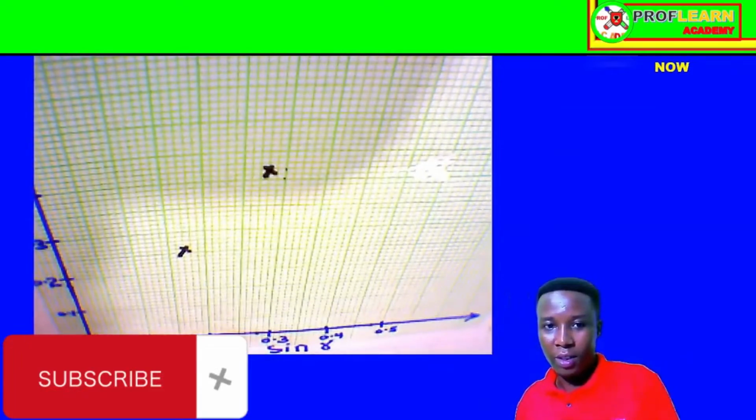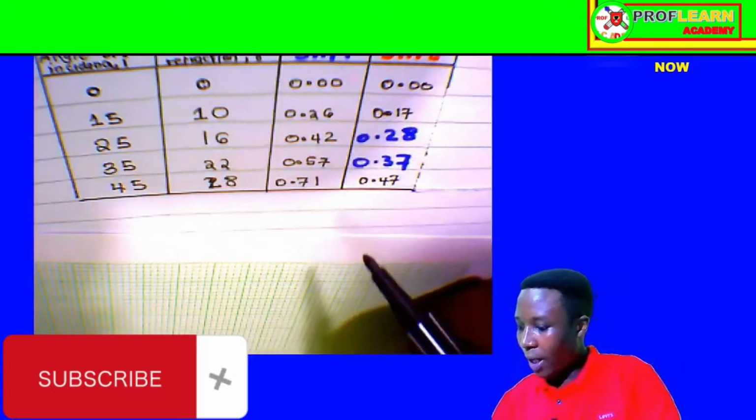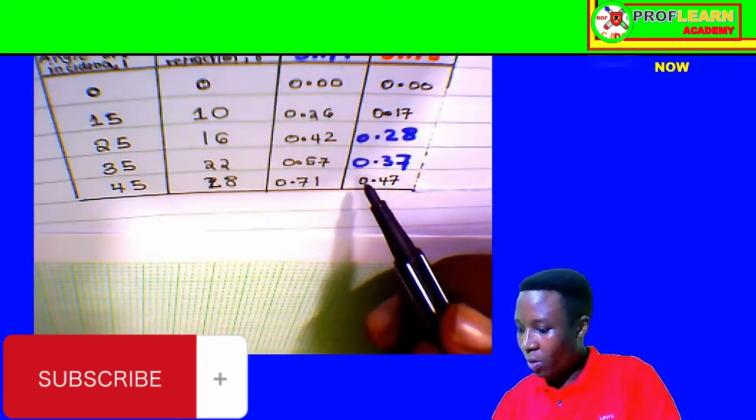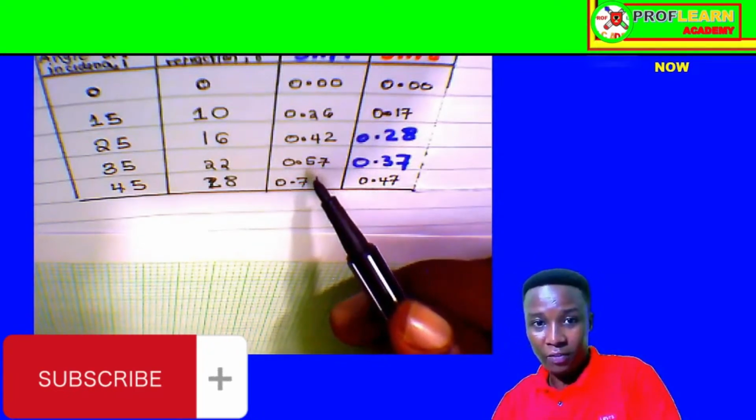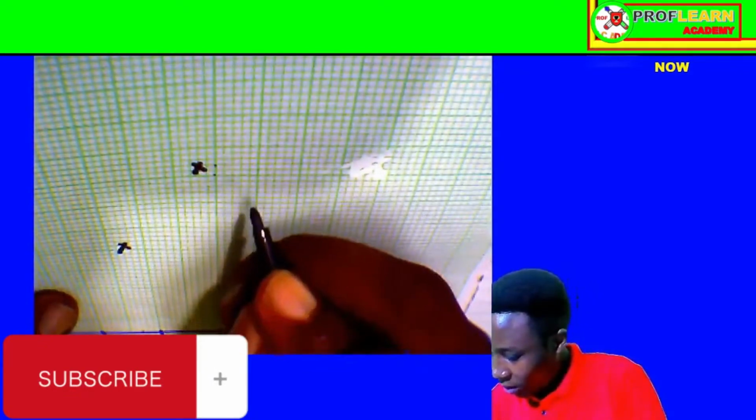You can see we are getting our points. Our next point is 0.37. We move up to 0.57. 0.37 is here. We move up to where we have 0.57.